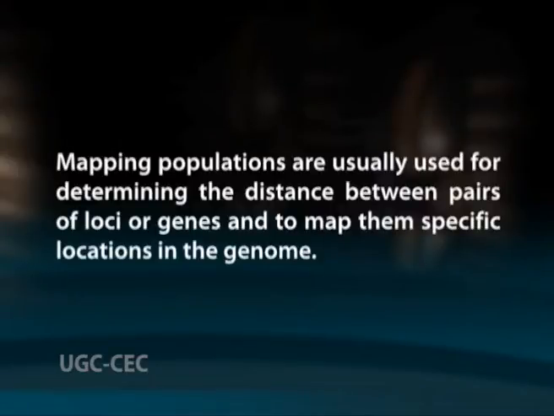Mapping populations are usually used for determining the distance between pairs of loci or genes and to map them to specific locations in the genome. They also help in the identification of the molecular markers linked to the genes or loci of interest. Such markers can be used for marker assisted selection, or MAS, for the genes of interest. Thus, mapping populations serve as the basic tool for the identification of the QTLs and their effects.